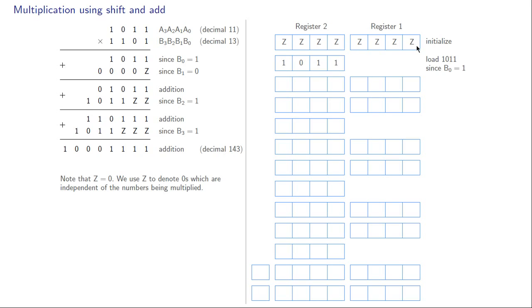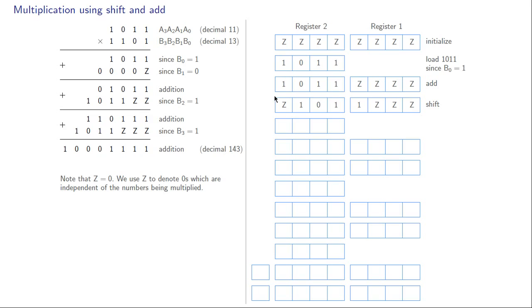Alright, now step number 1 is to load 1011, the multiplicand, in this other register, since B0 is 1, and now we are going to add these two 4-bit binary numbers to get this result here, and this binary number is simply going to be copied to this part. Alright, so we have got 1011. In this case, of course, these are all zeros, so we have the same number over here. That is the result of the addition.